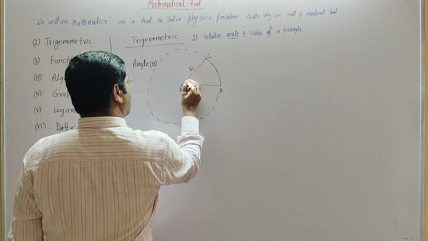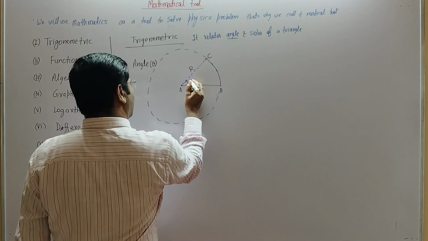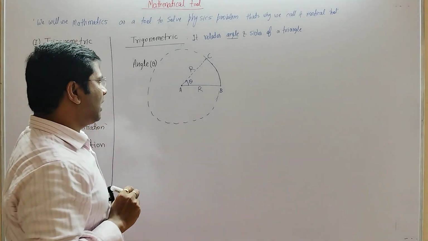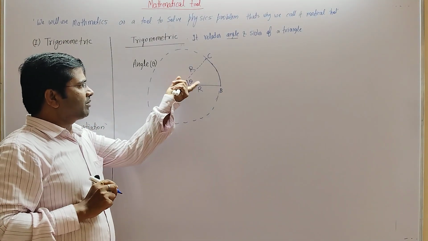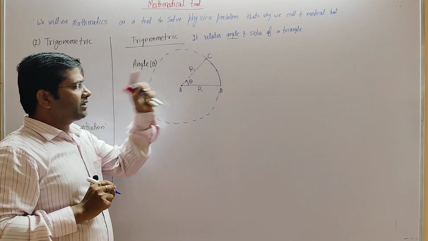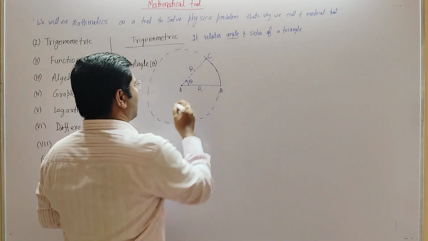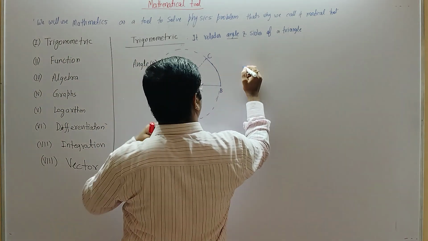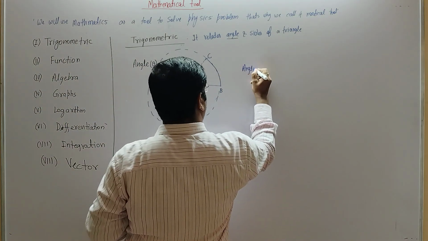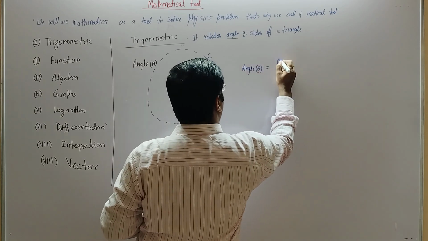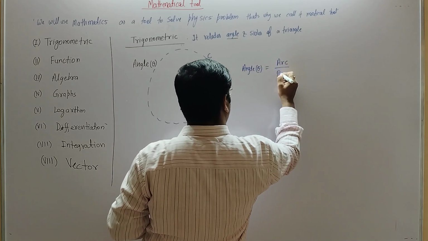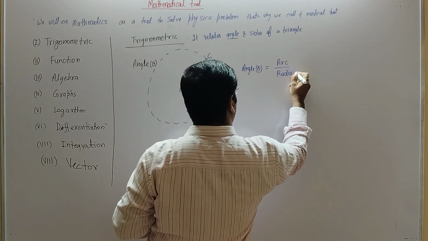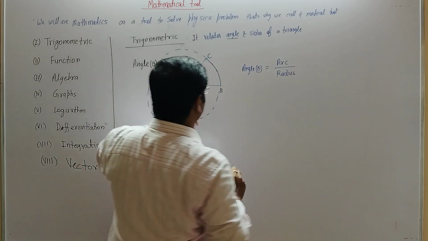Now this angle, I'm giving it the name theta. This angle subtended is, let's say, theta. Then this angle theta is defined as arc upon radius. What is the arc here?